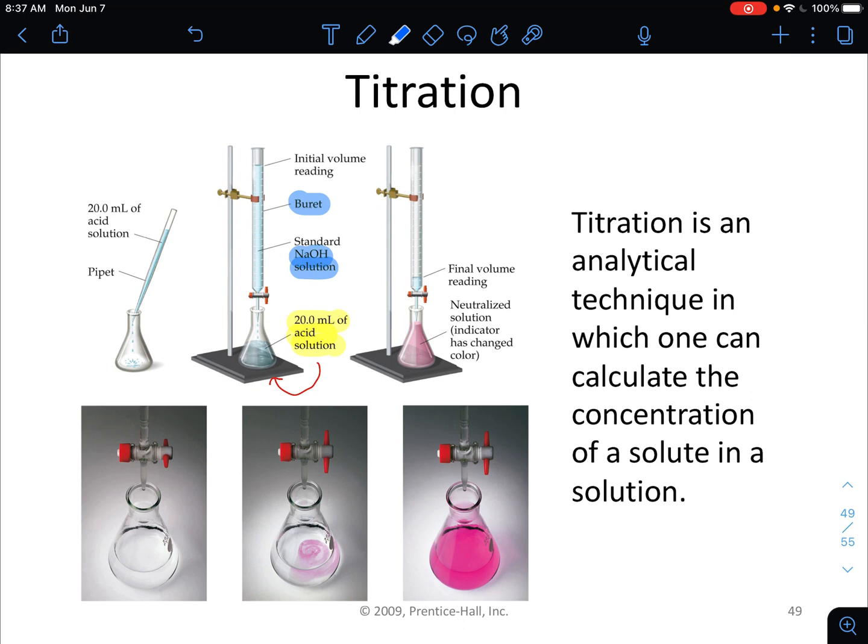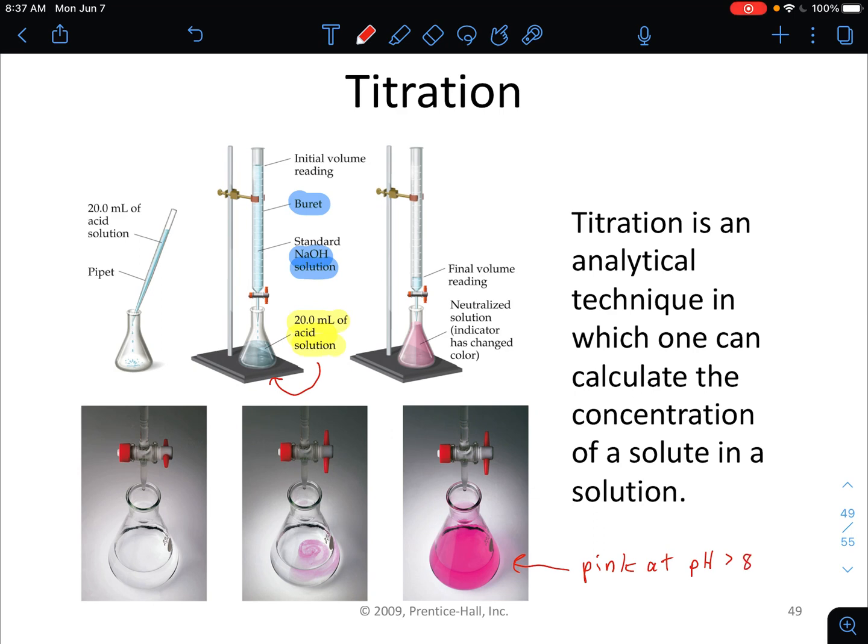Normally in an acid-base titration, we could either use a pH meter, so it would accurately track the pH as we add base to the acid, or we can use an indicator. A very common indicator is a molecule called phenolphthalein, and it's going to turn pink at a pH just slightly above 8.